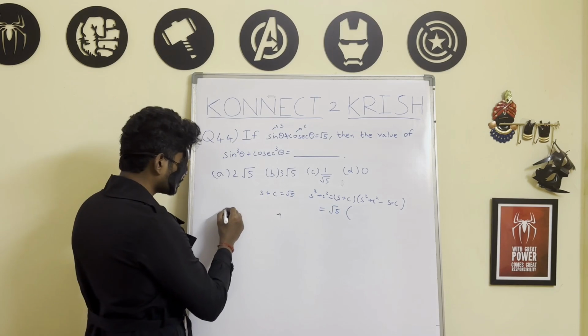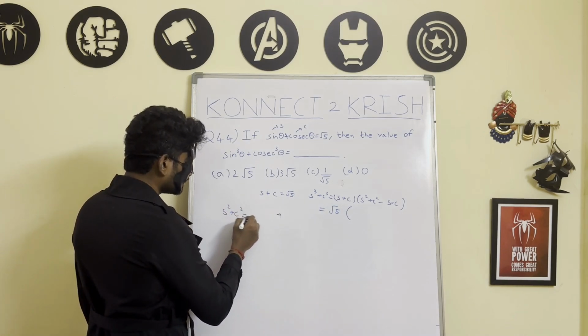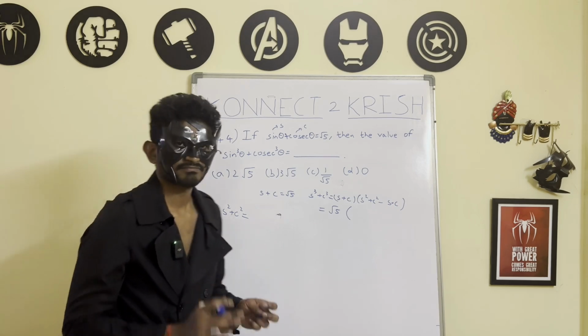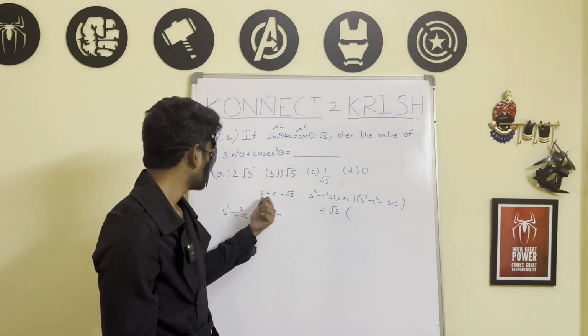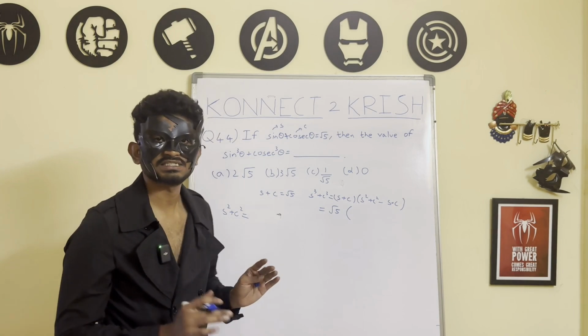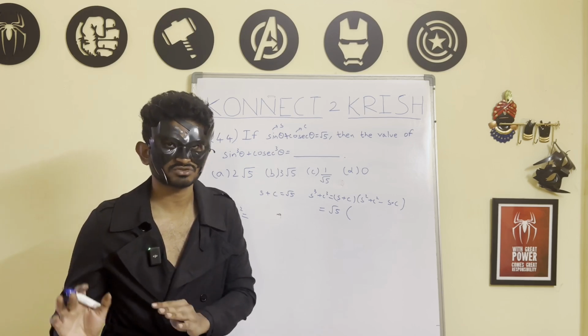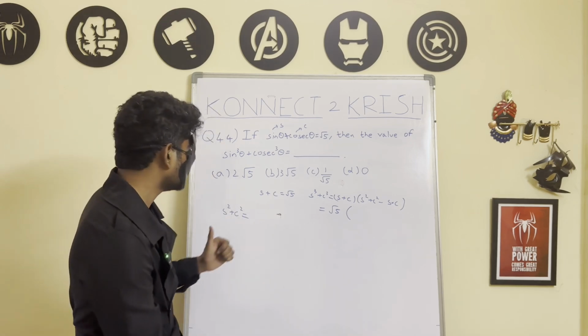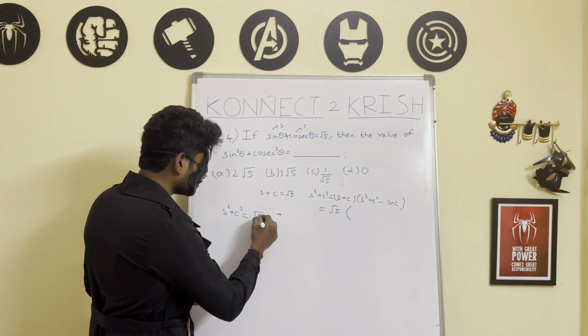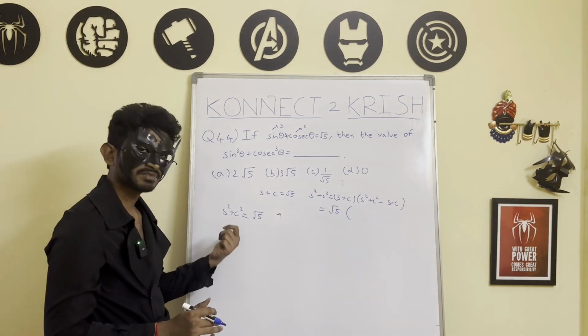Now s square plus c square. We already know that if x plus 1 by x is equal to some a, then x square plus 1 by x square is equal to a square minus 2. I already taught you in the previous question. So this will be root 5 square minus 2, because cosecant theta is 1 by sin theta.